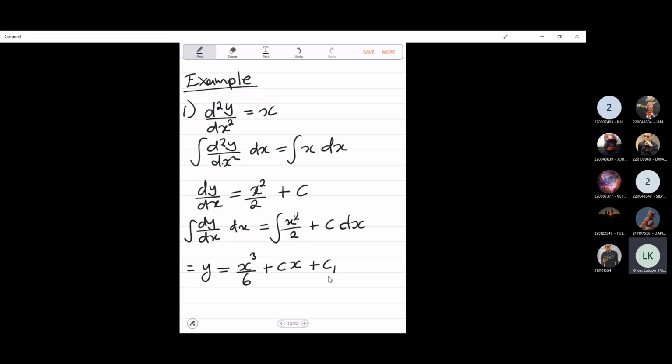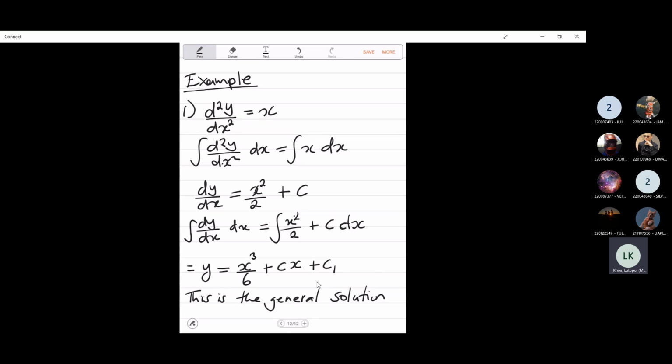Okay, so this is the general solution. And then sometimes we are asked to find a particular solution. So I'm sure you remember when we did questions with integration, where you have to work out the constant of integration.